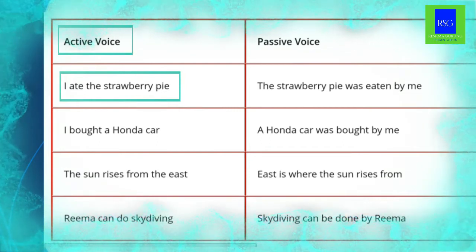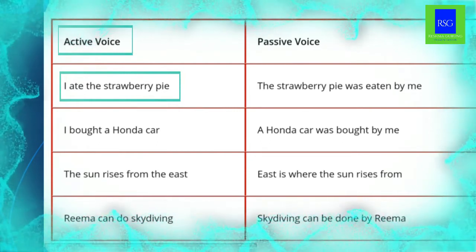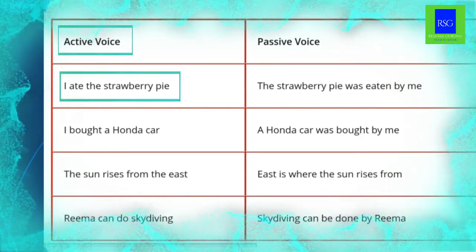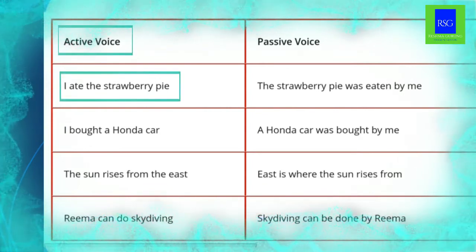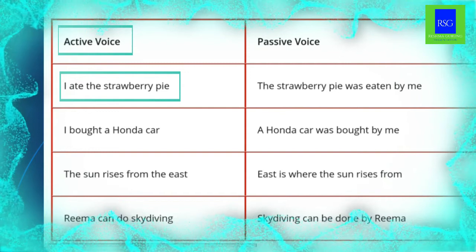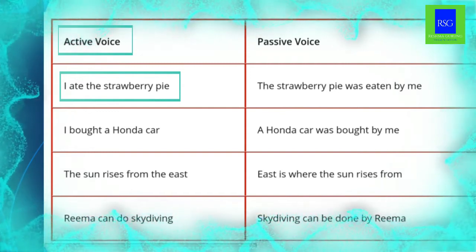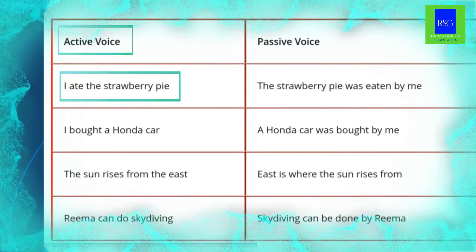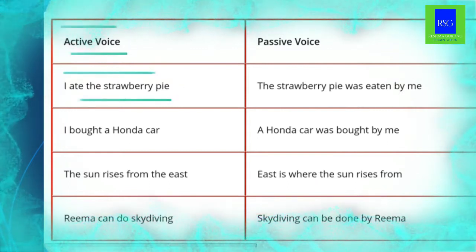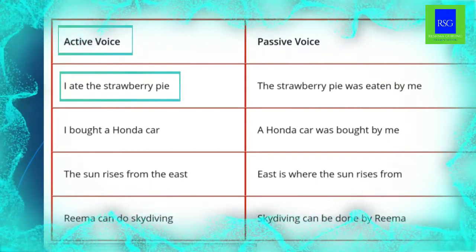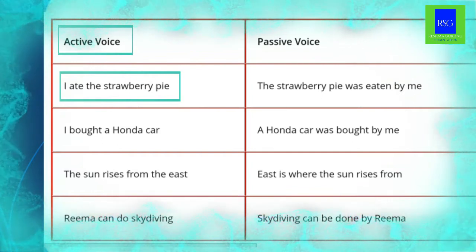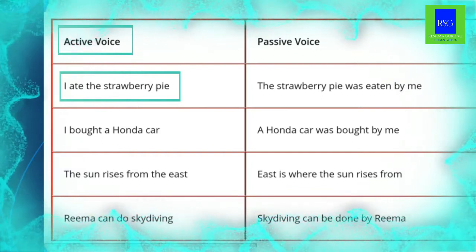So the subject becomes the object and the object becomes the subject, which means that whenever you are converting a sentence from active voice to passive voice, you've got to begin the sentence with the object. The object of the active voice becomes the subject in the passive voice. I'm going to read out the example again.